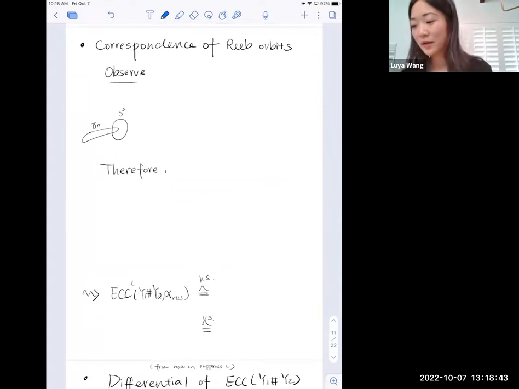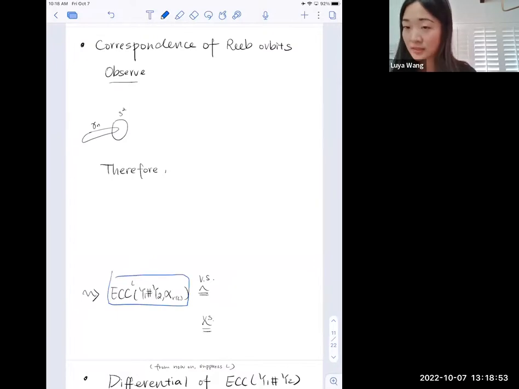Now I will tell you a little more about the correspondence of Reeb orbits. This will give us a vector space level description of what the ECH complex is.